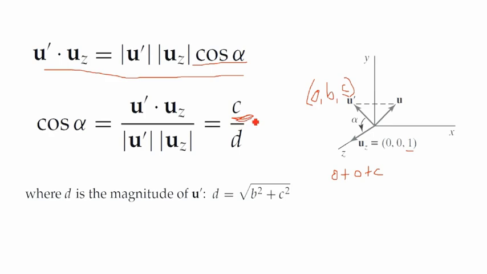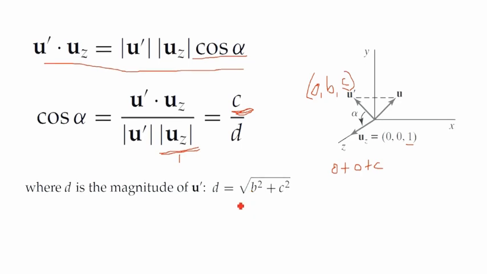And we know that uz is a unit vector, so the magnitude of uz will be 1. Now what would be the magnitude of u dash? It is the square root of 0 square plus b square plus c square. I have just not written 0 square here. So the magnitude of u dash is the square root of b square plus c square.